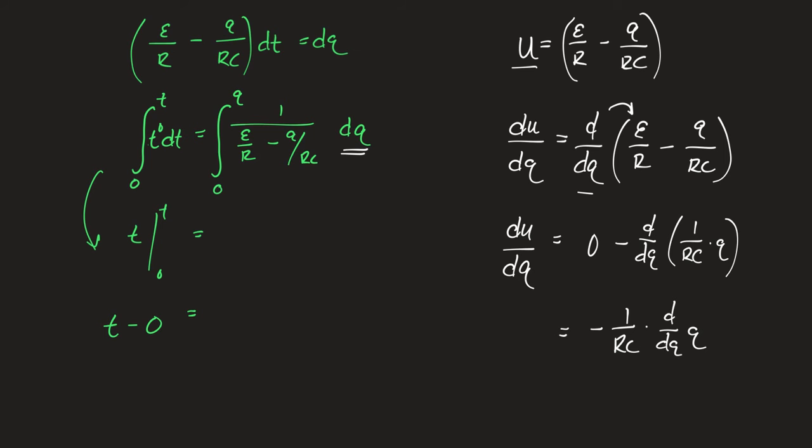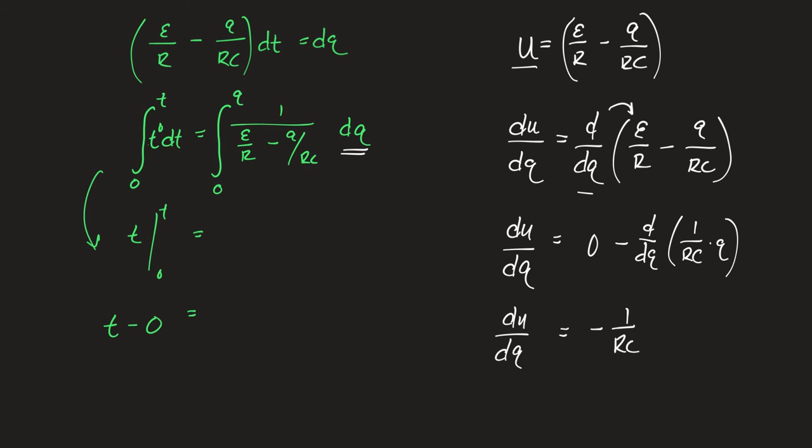Take 1 away from 1 and you get Q to the 0. This just becomes 1. So what I'm left with is that du/dq equals 1 over RC. That's the derivative of U with respect to Q.